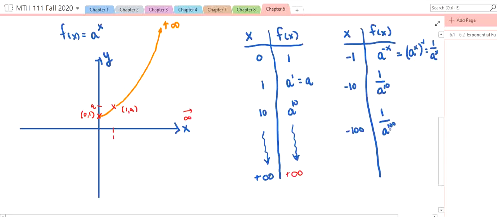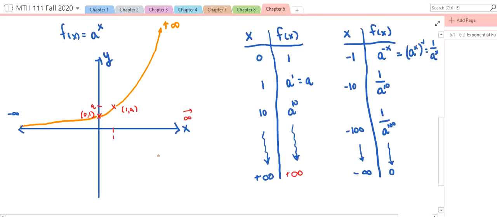If you take a calculator and put a bigger number in your denominator, 1 divided by the bigger number, you're going to see that as this heads towards minus infinity, out this way, your function starts to approach 0. It never touches it though, but it gets really, really close to 0. And that's what it looks like.